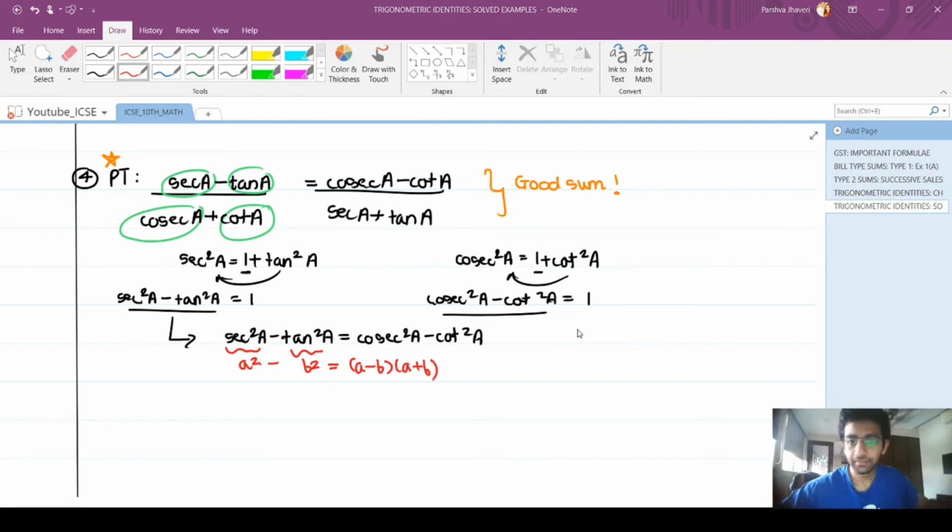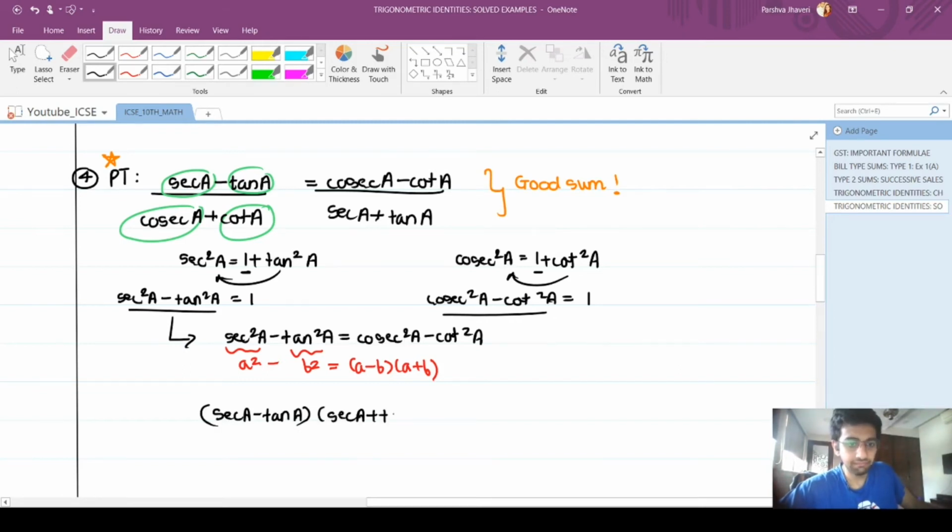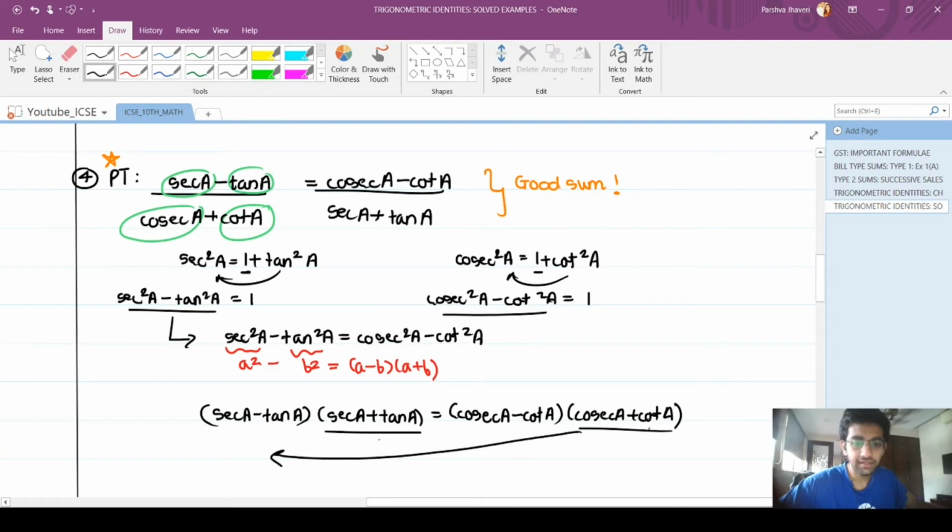Applying this algebraic identity, we will get (sec A minus tan A) times (sec A plus tan A) is equal to the same identity on the RHS, (cosec A minus cot A) times (cosec A plus cot A). Now if you see, look what we need. LHS, (sec A minus tan A) upon (cosec A plus cot A). Shift this down and take this and shift this down here. So what will you get?